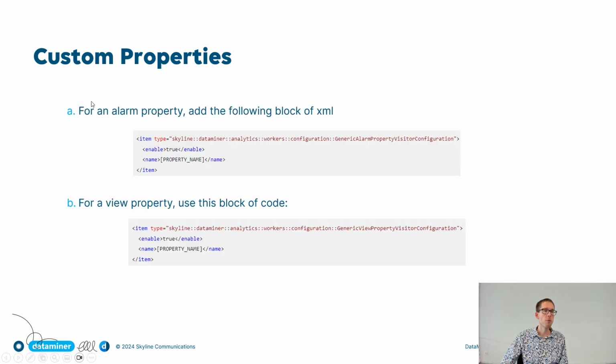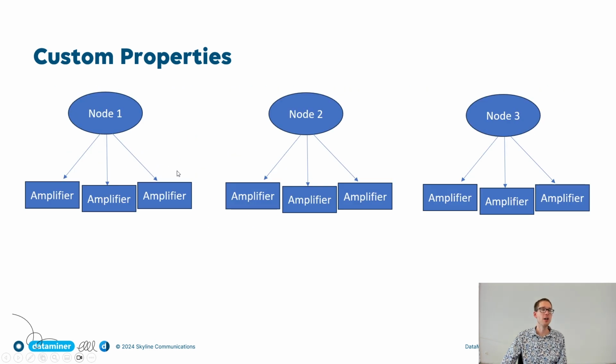If you want to group based on an alarm property, you should add this kind of XML code. You add a generic alarm property visitor configuration, and this has two settings. You have enabled, which you will probably set to true. And here you have to mention the property name that you want to use for grouping. Going back to the example here, the property name would be parent node.